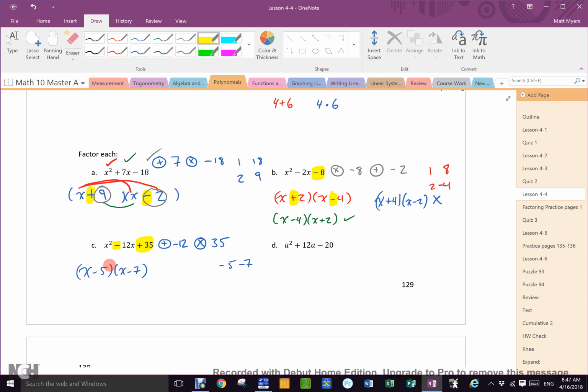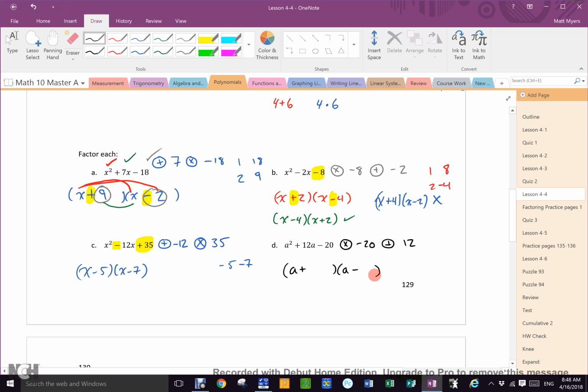The variable is an A. Does that change the math? No, of course it doesn't. So, I look at this and I say to myself, I need two numbers that will multiply to what? Negative 20. And add to what? Positive 12. And since that's negative, I know I need a plus and a minus, don't I?